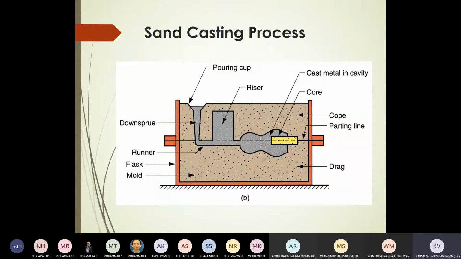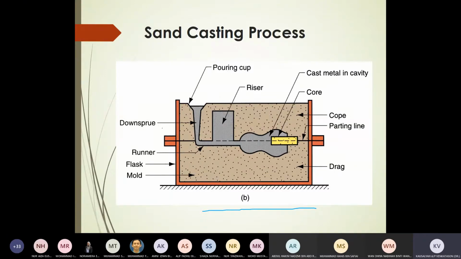So this is a diagram for the casting process, whereby in general for a casting situation, other processes have other functions.